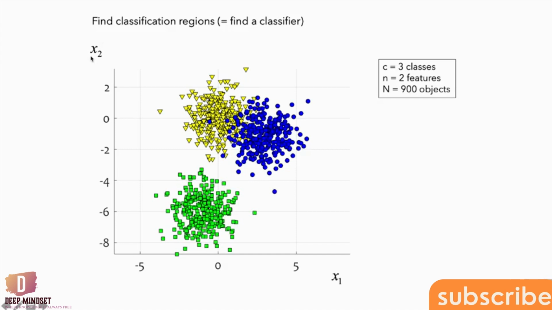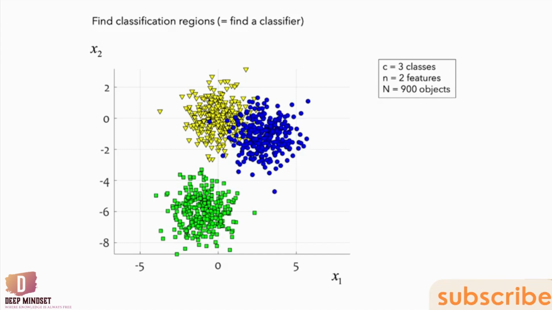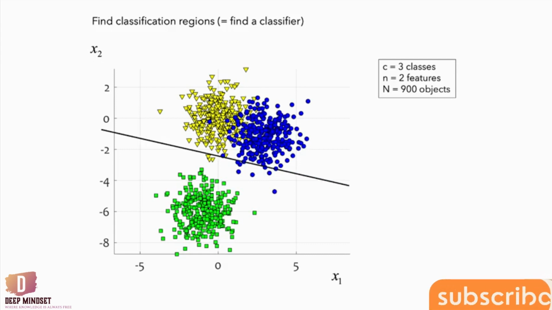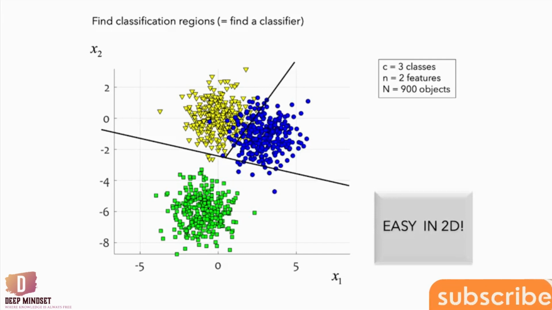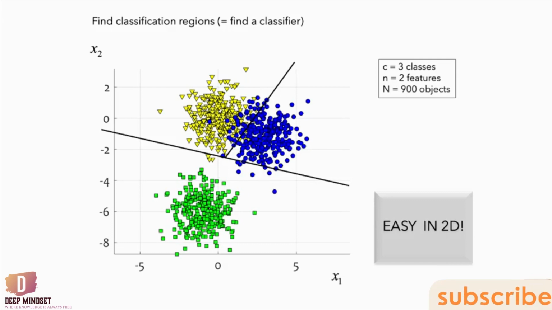And capital N, there are 900 objects. So we can separate the green class from the other two classes. So that's one region. And here it's all two other regions. It seems pretty trivial in 2D. We could add more dimensions, more features.